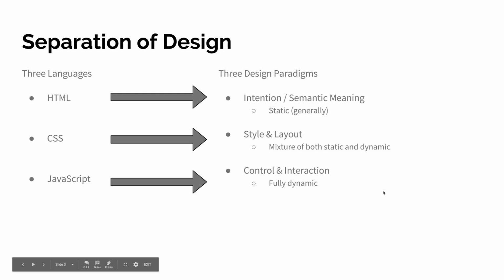So that's where we'll really have to be careful about trying to keep these three design paradigms neatly separated. We'd like to be able to draw neat lines between them and say, here's where the control and interaction is happening, here's where the style is happening, and here's where we're assigning meaning. And if they start to blend together, if those lines get blurry, it's going to make your life harder. So I always like to try and use these three languages to draw those lines. As long as we keep the three things in their languages, life will be easier.